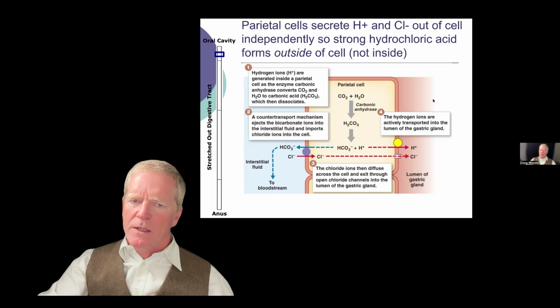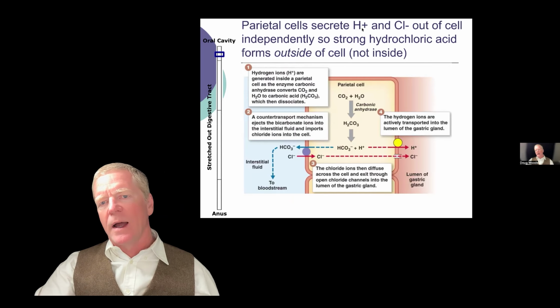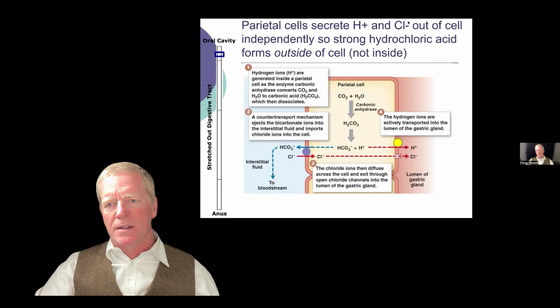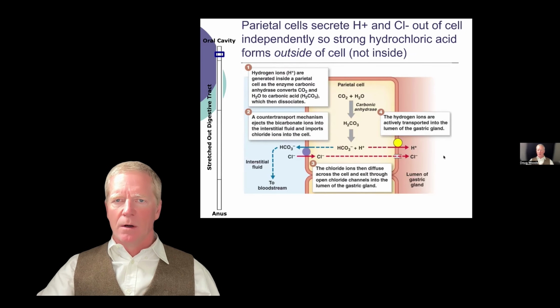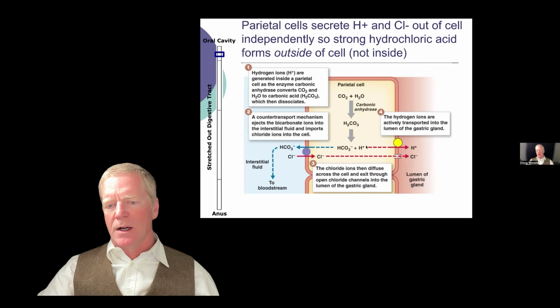One of the functions of the parietal cells is to secrete acid. Those are hydrogen ions, along with chloride ions, which balances the charge. So that is the release of strong hydrochloric acid from the inside of cells to the outside of the cells. That hydrochloric acid is being secreted here into the lumen of the gastric gland and ultimately up into the lumen of the stomach. Chloride is being transported across here, and bicarbonate is being used to produce the hydrogen ion.